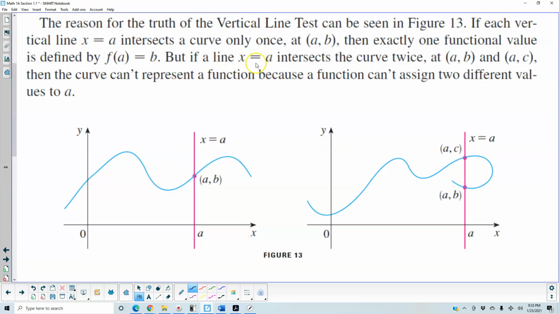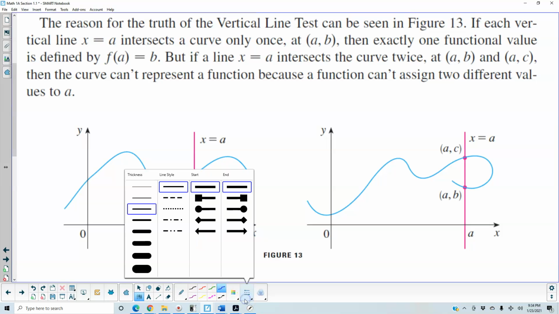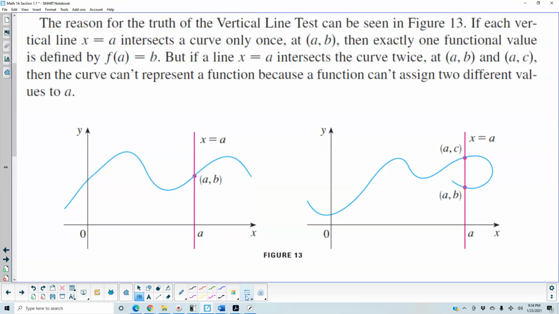But if a line x equals a intersects the curve twice, at (a, b) and (a, c), then the curve can't represent a function because a function can't assign two different values to a. So that means that this graph on our left is a function, and the graph on the right is not a function because it doesn't pass the vertical line test.